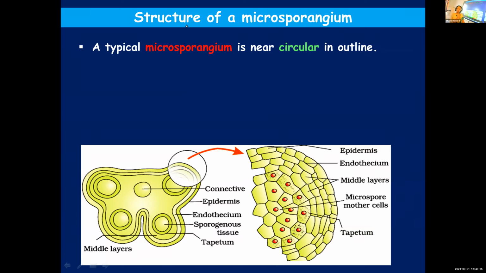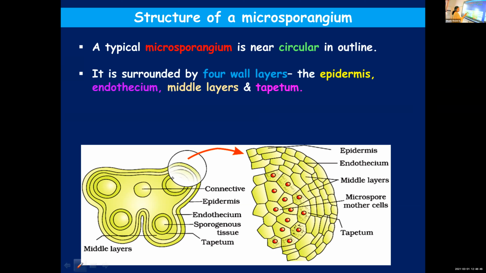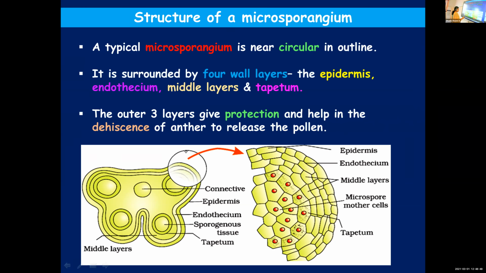Now we are going to learn in detail the structure of a single microsporangium. Here you can see the same figure is given in your textbook. This much region is enlarged and shown over here. It's a very, very important diagram.